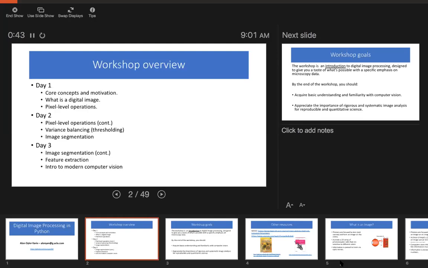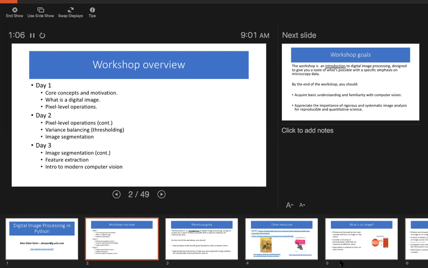So we assume a certain basic knowledge of Python, but even that is not strictly necessary if you're good at Googling things. So there's going to be a lot of Googling over the next 3 days. We're going to go through what are known as pixel level operations today. Probably it's going to spill into tomorrow.